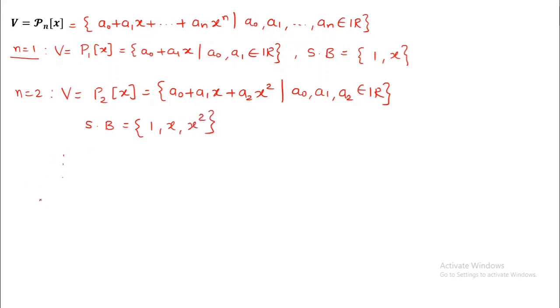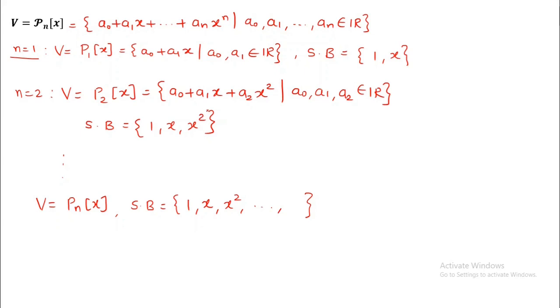Continuing in this way, for V is equal to pn of x, our standard basis will be 1 comma x, x square, and this will be continued. What will be our last term in this set? See, when we are talking about p2 of x, we go up to what?